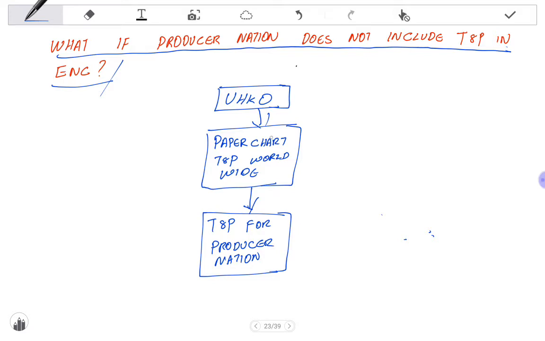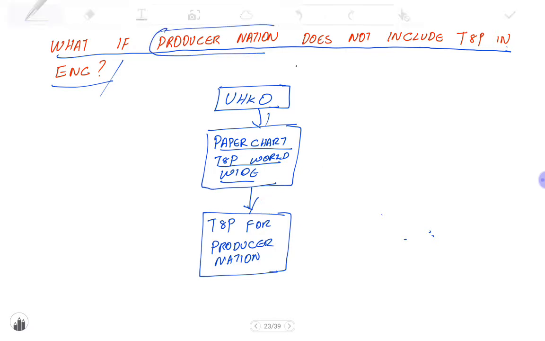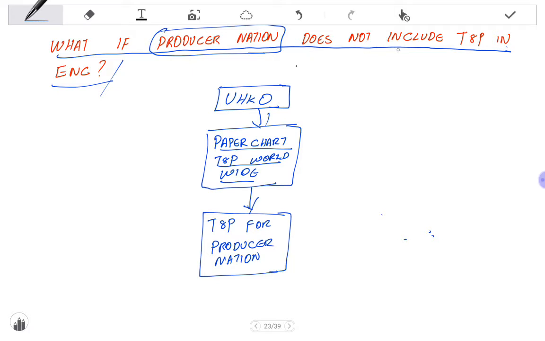UKHO already normally produces its own paper TNP notices for paper charts worldwide. For the producer nations which do not include TNP in the ENC, UKHO will take out, for example, this world chart.